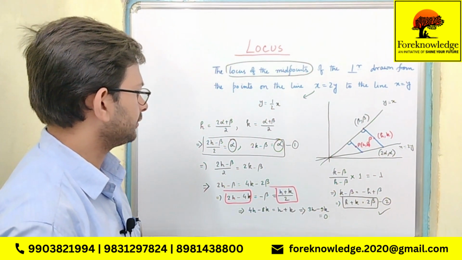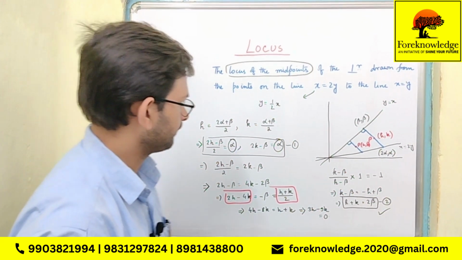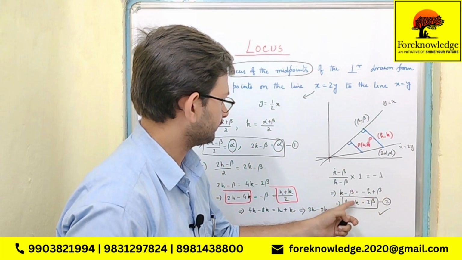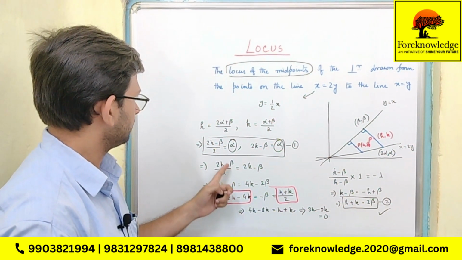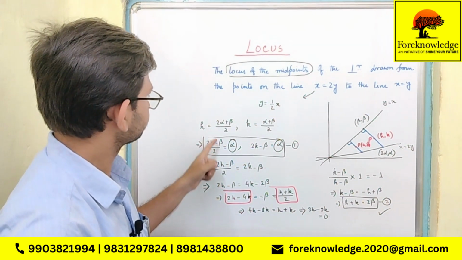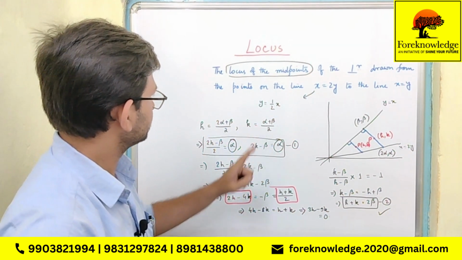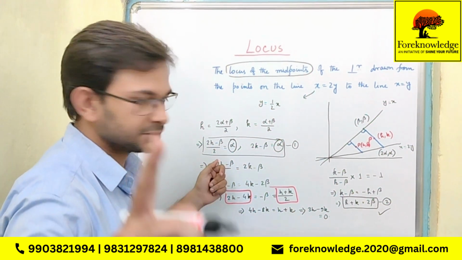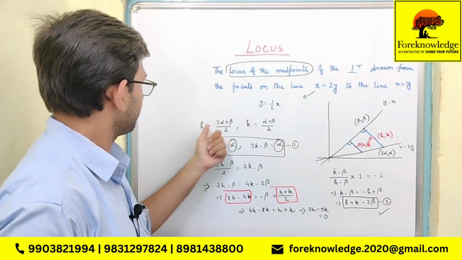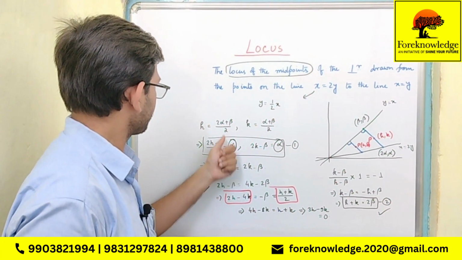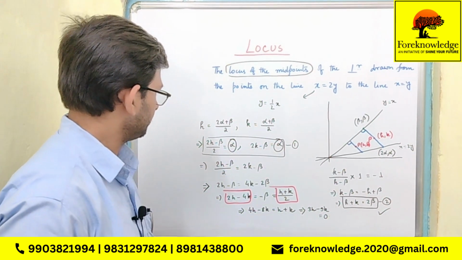I think I have made a mistake. Just allow me. This is 2 beta. 2 alpha plus beta by 2. 2h minus beta by 2, and 2k minus beta equal to alpha.